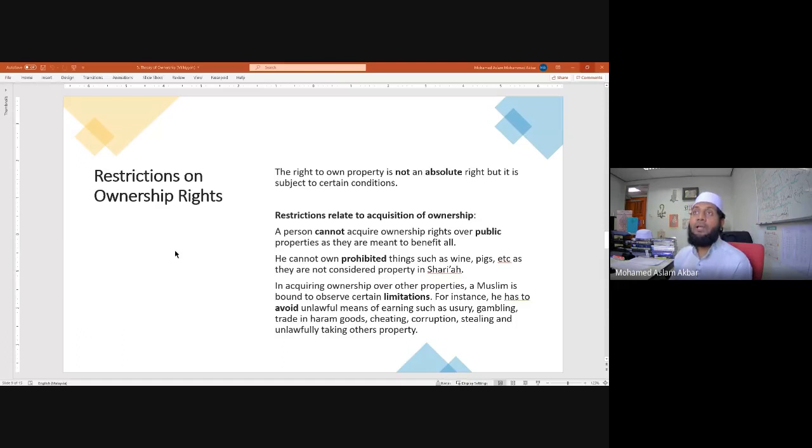For example, you can acquire a car, you can become the owner of the car. However, you cannot use unlawful means. You cannot earn through unlawful means and then, with that money, become the owner of the car.